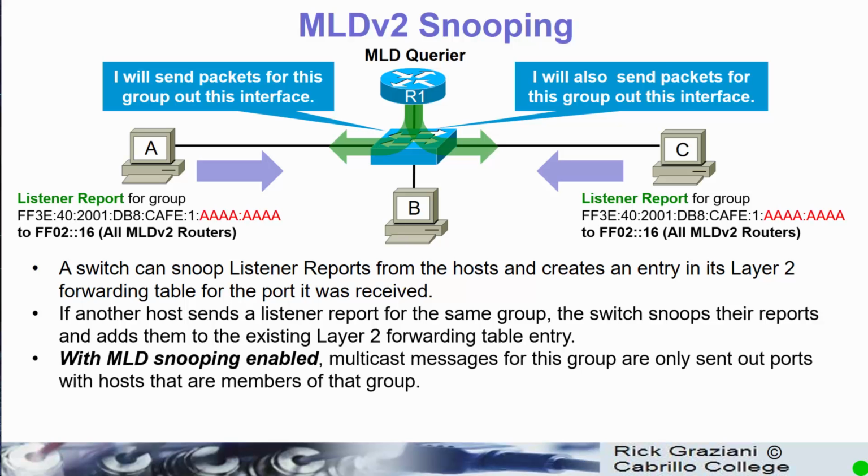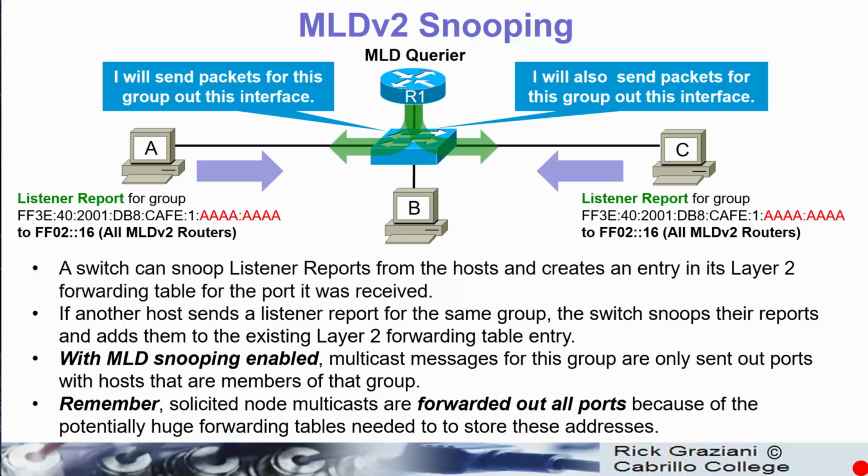So once we have it enabled, multicast messages from a group are only sent out ports with hosts that are members of that group, as received by or known by that switch. Because again, it snoops the appropriate frames and packets. Frames, because it's a switch, as it sends up the things to a router, which then becomes a packet.